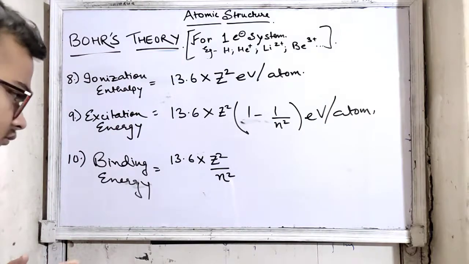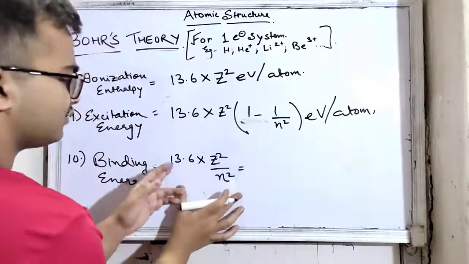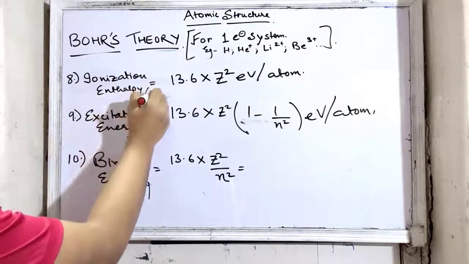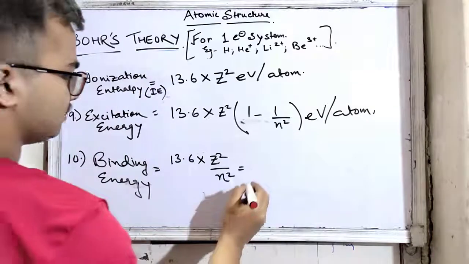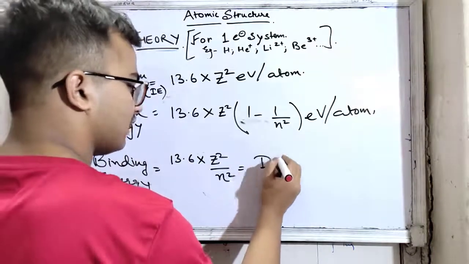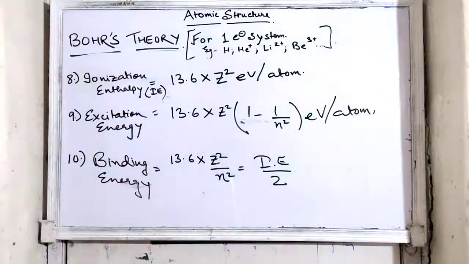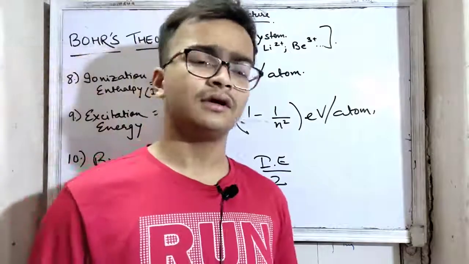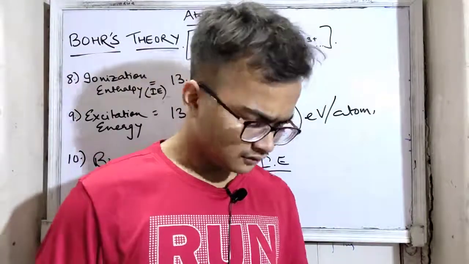Compare this thing and this thing. If I take ionization energy as IE, I can say here it is equal to IE by 2. So this was the formula for binding energy, that means the energy with which the electrons are bound around the nucleus. So copy up to this much.